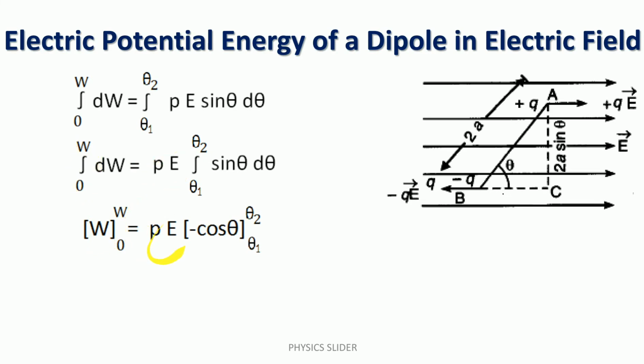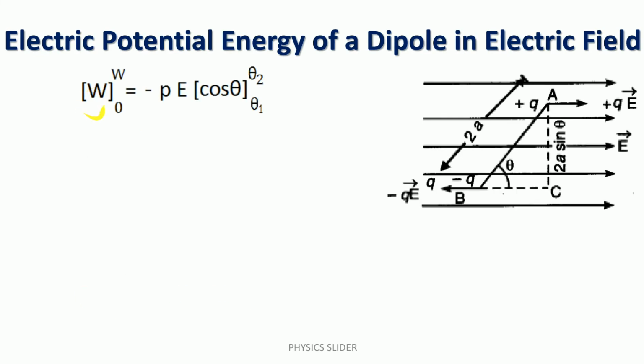Pe as it is, and the integration of sine theta becomes minus cos theta, with limits theta 1 to theta 2. Take this negative sign outside the bracket and we will get: w with limits 0 to w is equal to minus Pe cos theta with limits theta 1 to theta 2. Now put the limits.